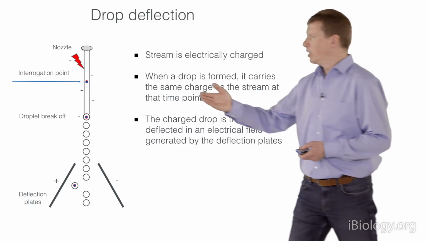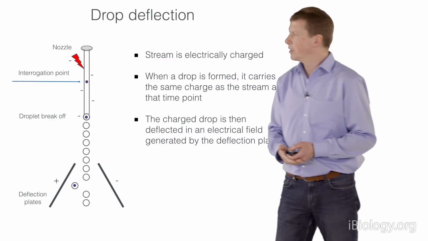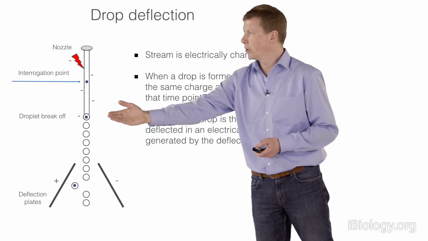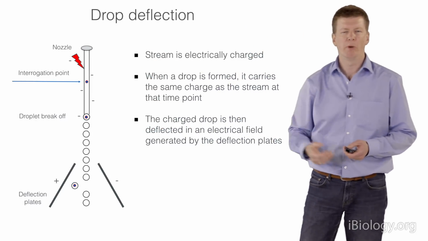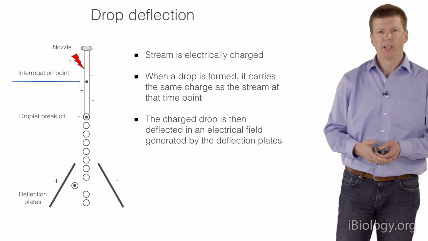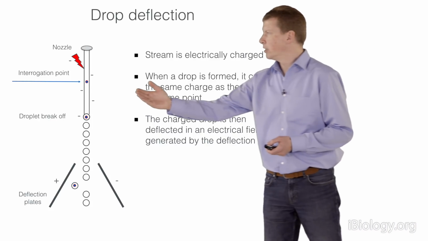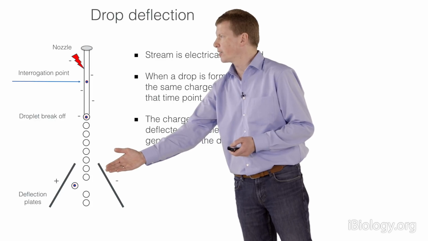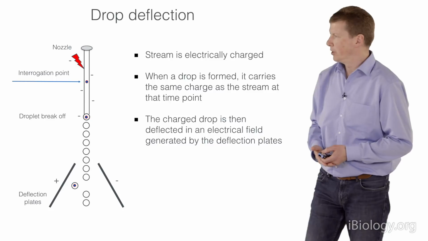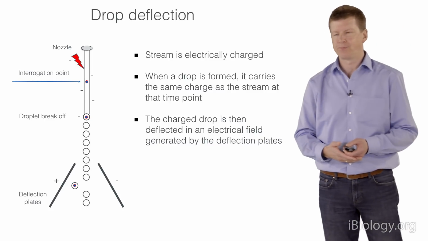So this sheath stream, sample stream, can be charged, and this charge is then traveling down the stream to the droplet break-off point, and in the moment when the drop is leaving the stream, it also carries the same charge as the stream before. And by going down, it will then move to an electrical field and is then deflected in the right manner and can then be collected with the right collection device.